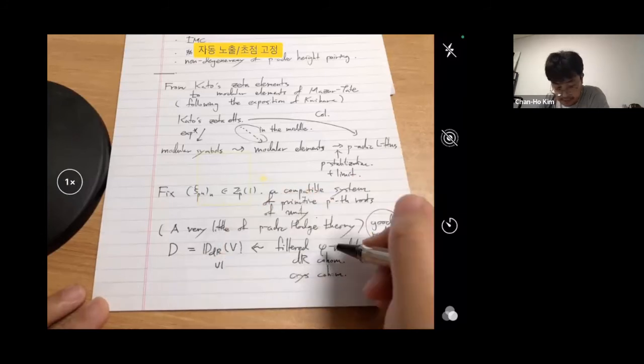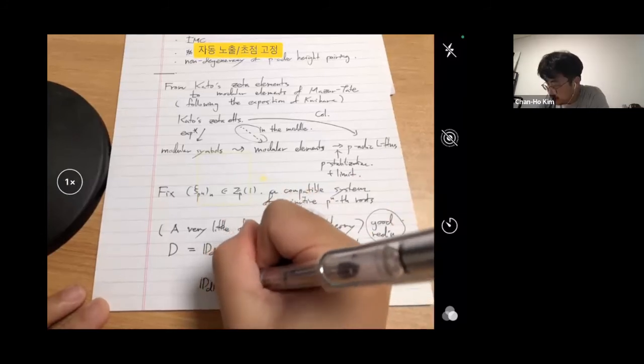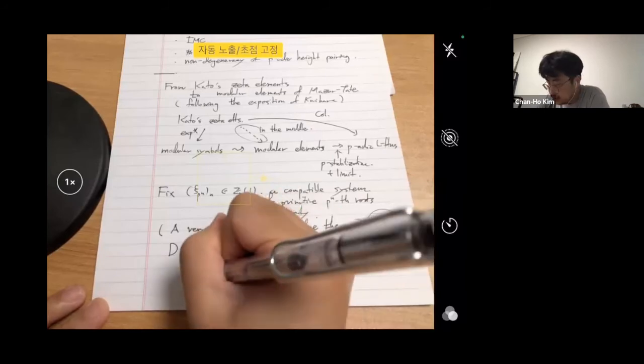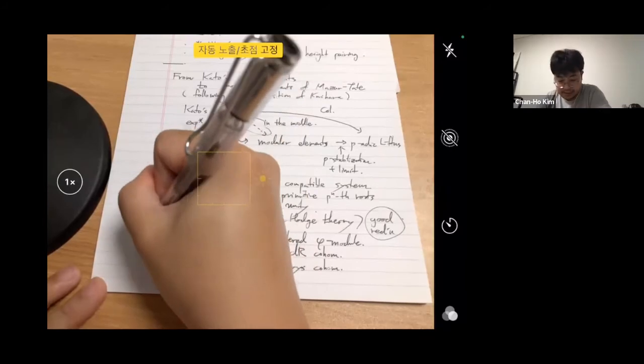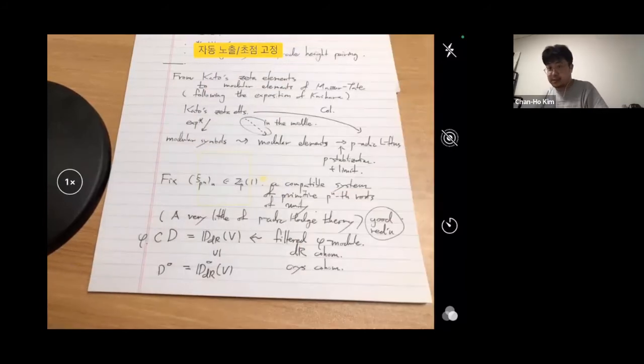Using the filtration, I have this D0, and there exists the action of the Frobenius. And this is also de Rham homology.